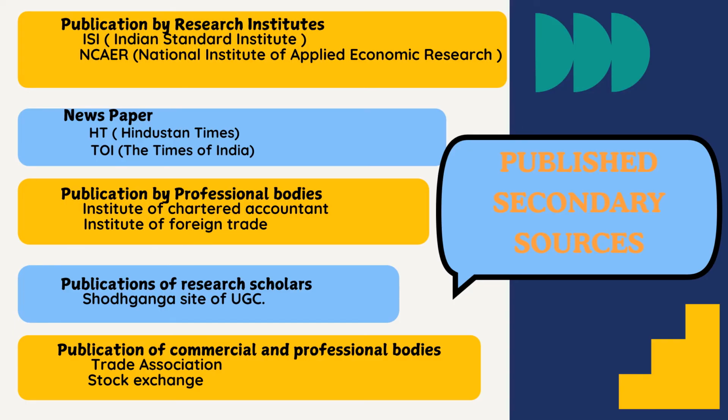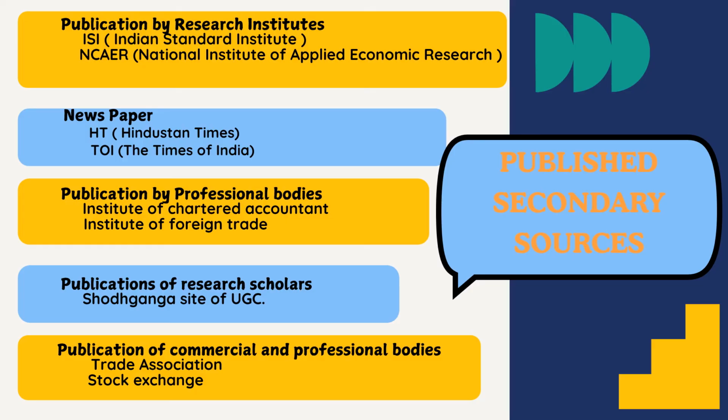These professional bodies can be the Institute of Chartered Accountants or the Institute of Foreign Trade. The 9th published sources that we have are the publications of research scholars. All the publications of research scholars are available on the Shodh Ganga website of UGC. You can check it there and get the data from there also.